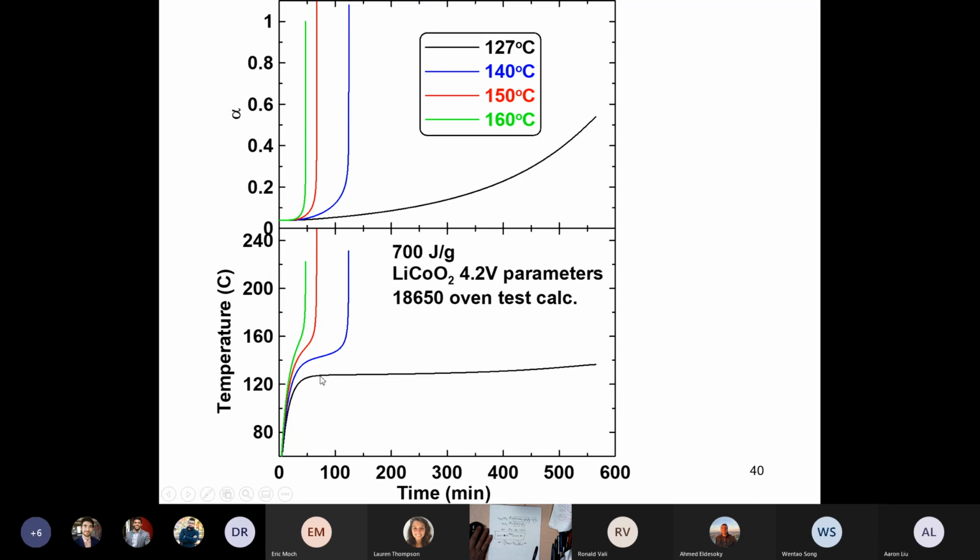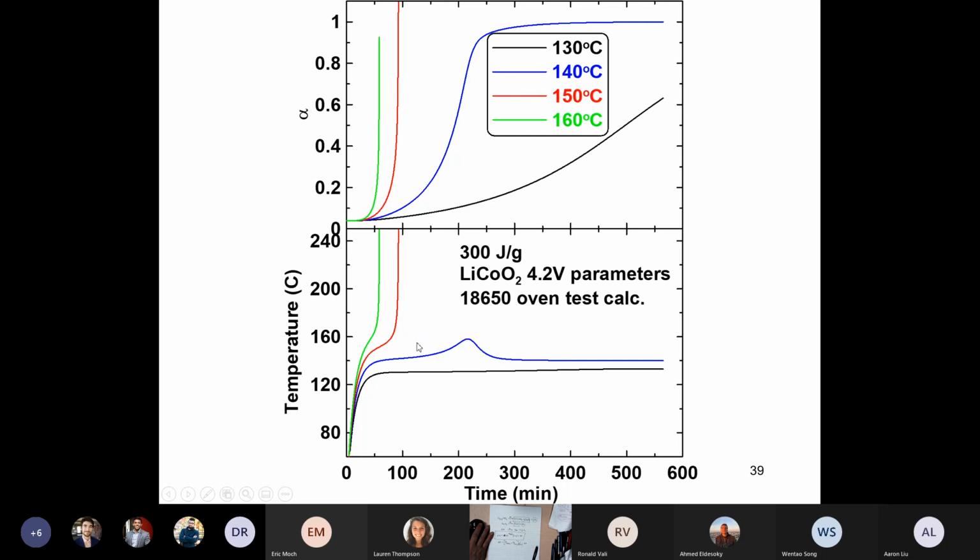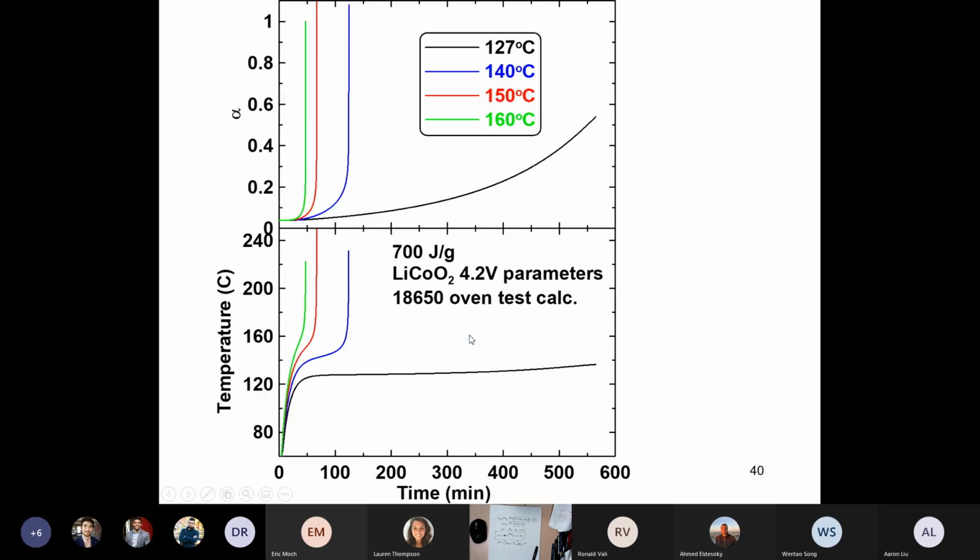What you see in that case is you go into thermal runaway at 140 degrees C, whereas with a lower heat of reaction, you did not. And 127 degrees C is just about the limit where, if you go to 130, I think this cell will go into thermal runaway eventually, maybe at 300 minutes or something.